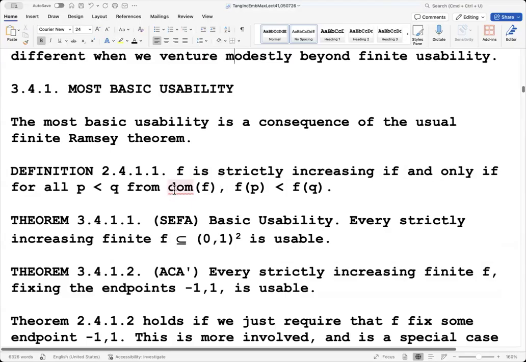Strictly increasing is important. That's necessary. So the most basic usability theorem is every strictly increasing finite function contained in the open interval (0,1) squared is usable. And this of course is a special case of the complete analysis of the finite usable functions.